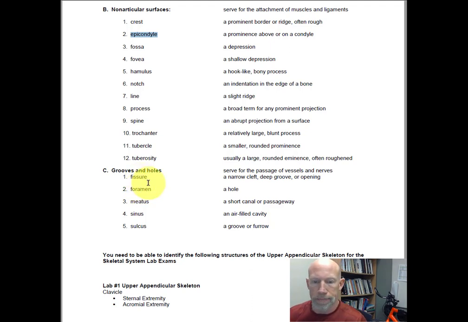Again, pretty straightforward. Foramen, get to know foramen. There's a lot of them in the skull especially. Those are simply small holes. A fissure is more like, as it says, a cleft. Fissure and sulcus are pretty similar kinds of things. In a couple of cases they're used interchangeably, but not always. That's just how anatomy goes.